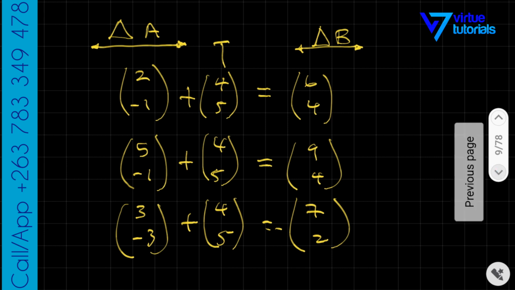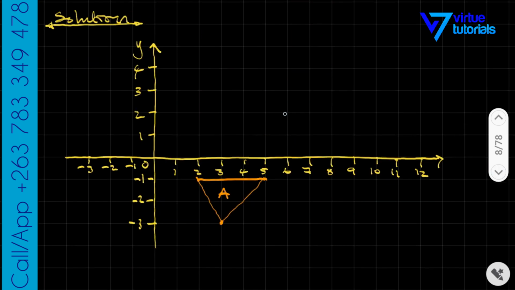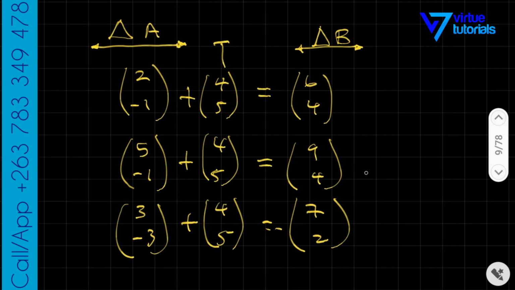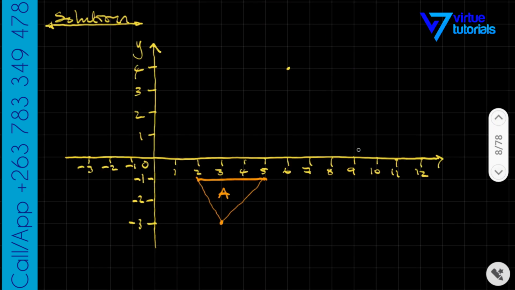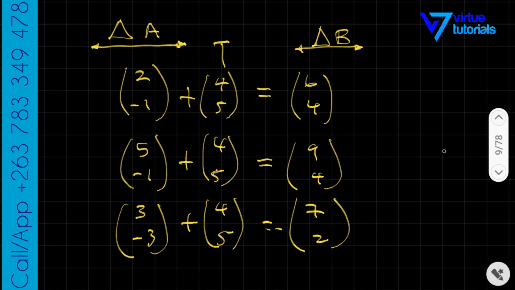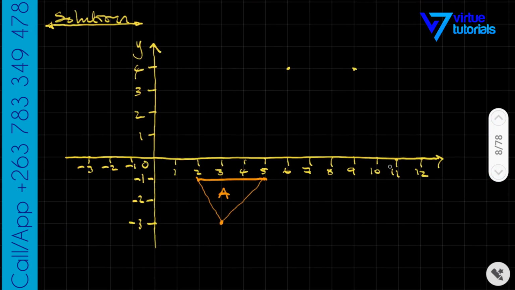So (6, 4), we can now draw it. (6, 4). (9, 4). Oh, sorry. Wrong direction. (7, 2). So once we've done that, we can draw our image, shape B.